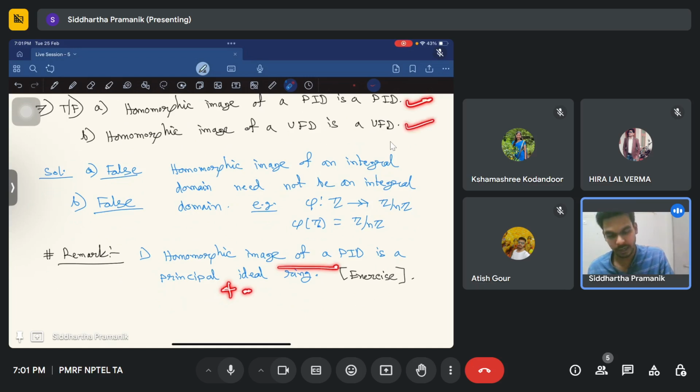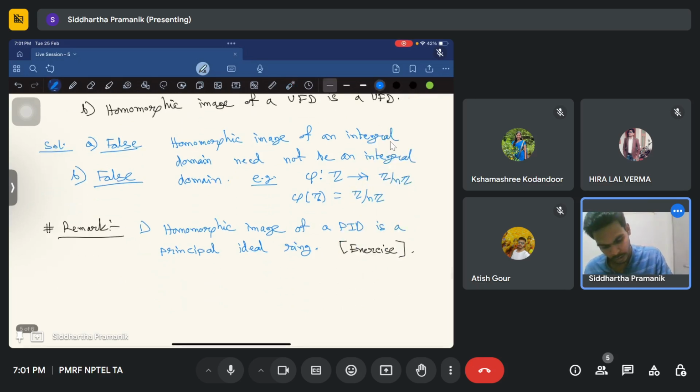But what happens in the second case? Assume that the homomorphic image of a UFD is a domain. Then can you say it is a UFD? Okay, let me write down.